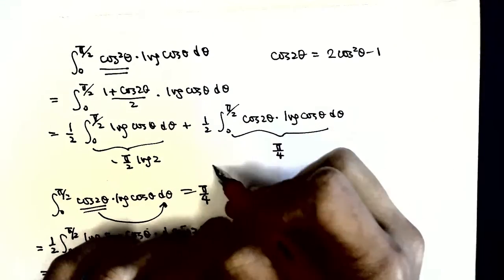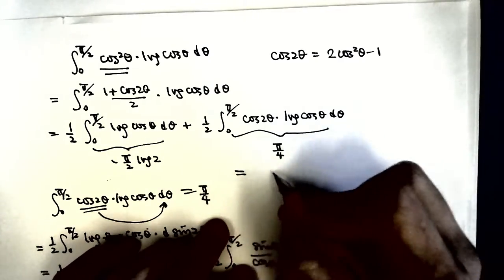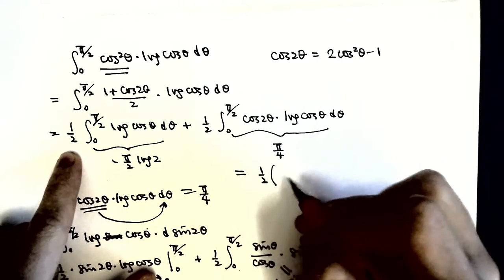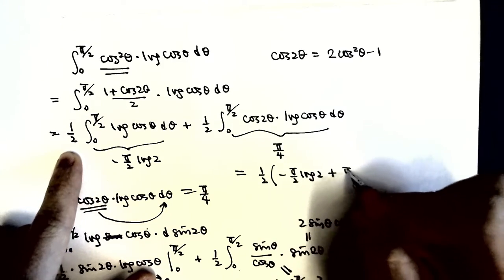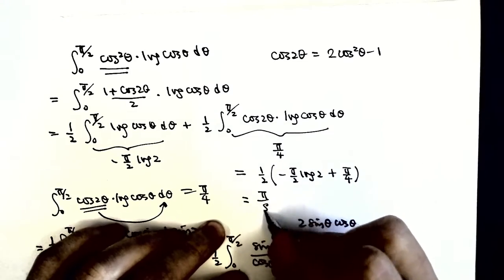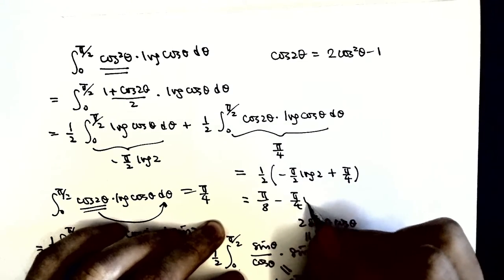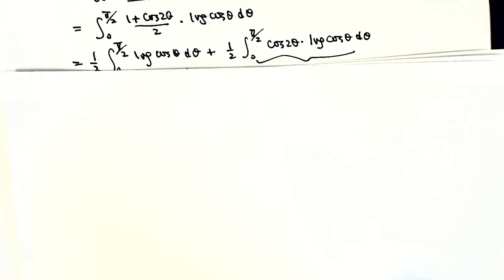So altogether, we will have 1/2 times minus pi over 2 log 2 plus pi over 4. So our final answer will be pi over 8 minus pi over 4 times log 2. Allow me to write the answer here.